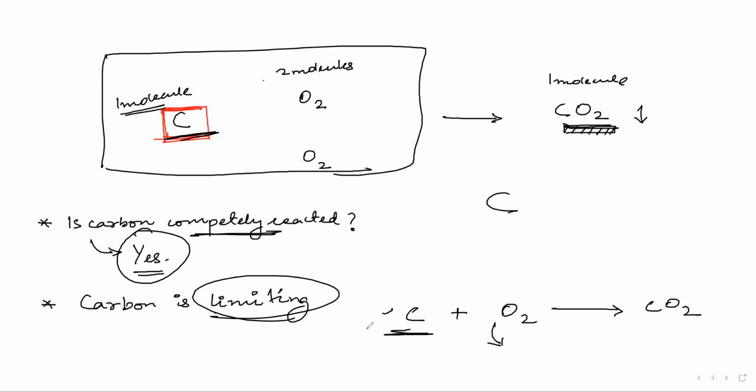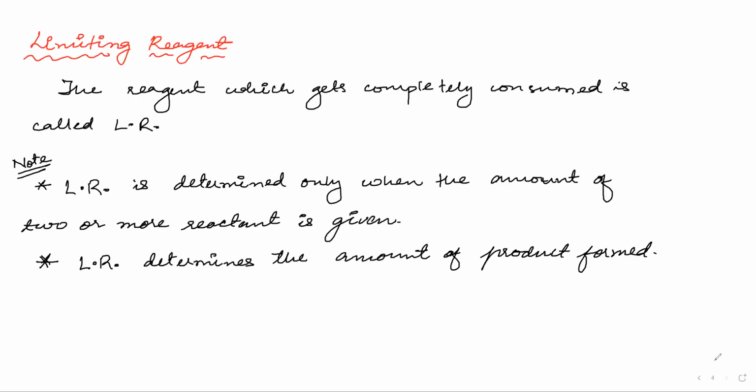If we were to determine the amount of product from oxygen, we would say one molecule of oxygen gives one molecule of carbon dioxide, so two molecules of oxygen will give two molecules of carbon dioxide. But no, here carbon is the limiting reagent, so carbon is the one which is determining the amount of product. We have one molecule of carbon, that is why we have one molecule of carbon dioxide. Okay, please write this now. Let me know when you are done. We will start with some questions.